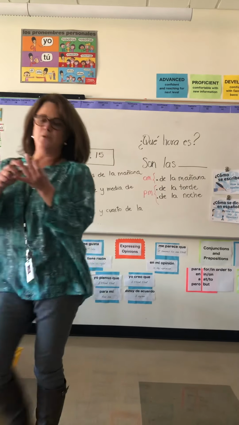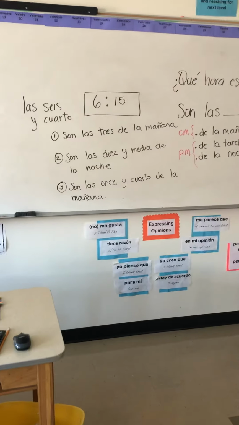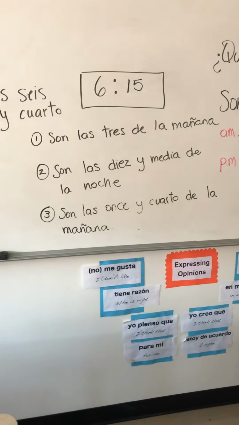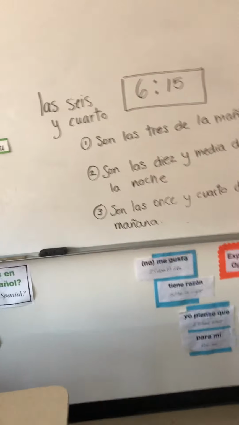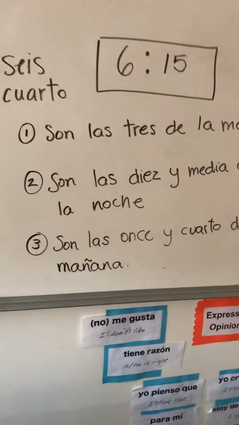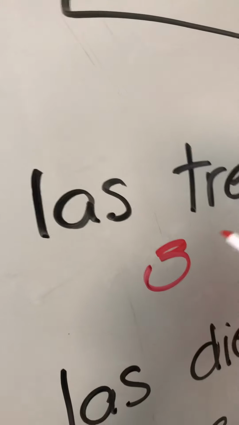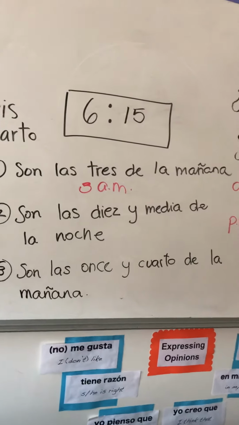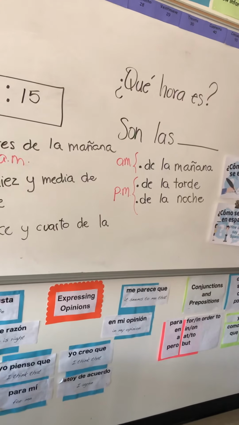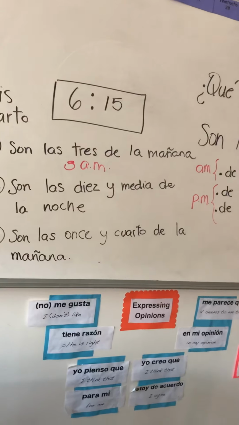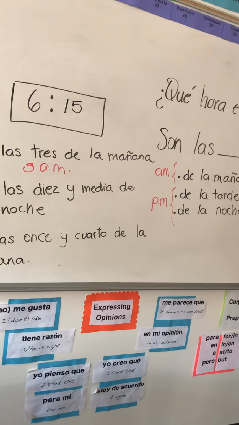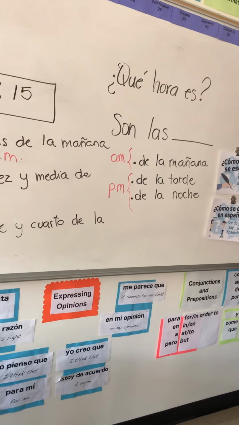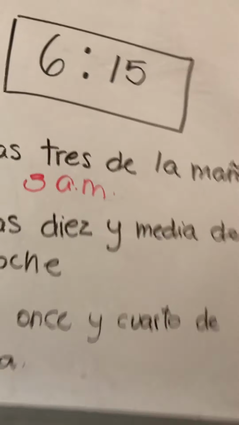Okay, thank you, Javier. I'm gonna hold it now so you can write. Okay, so go ahead and copy for number 1, number 2, and number 3. Tell me what those times are. Maya, what is son las 3 de la mañana? 3 o'clock. 3 o'clock a.m. or p.m.? AM. Yes. So las 3 de la mañana is 3 a.m. Okay. Javier, what about son las 10 y media de la noche? 10:30, yes.